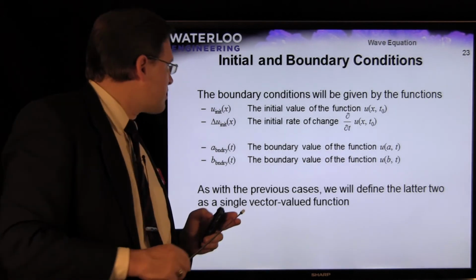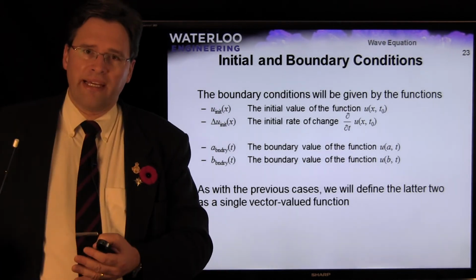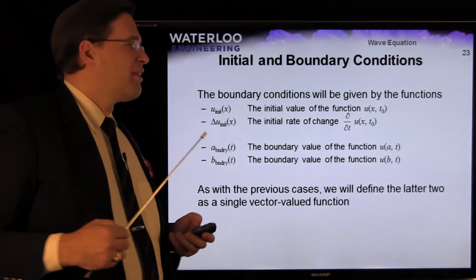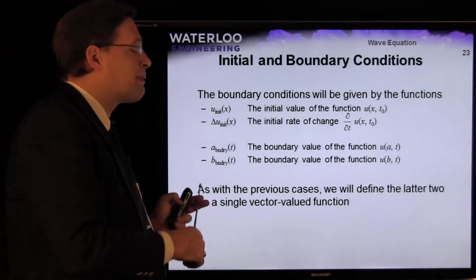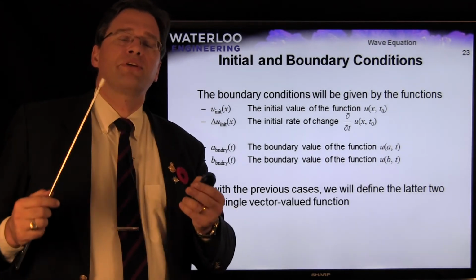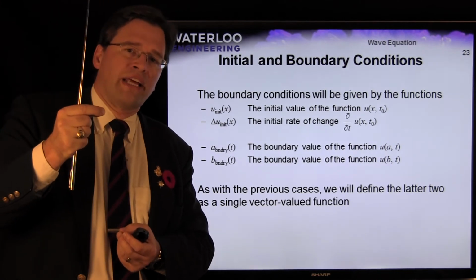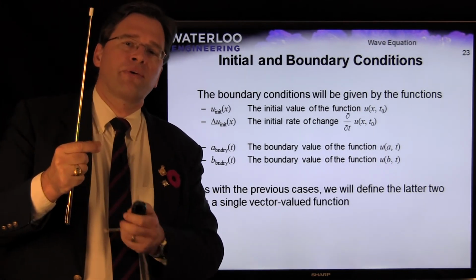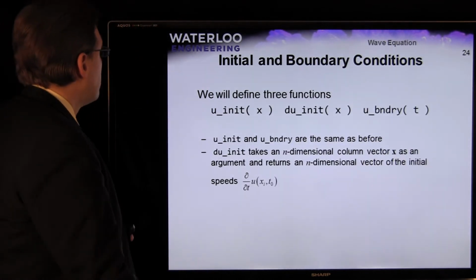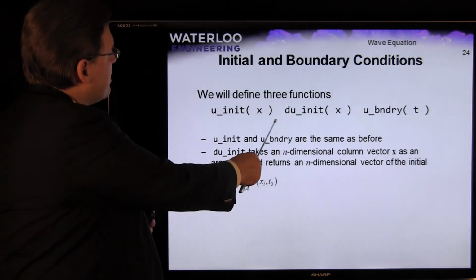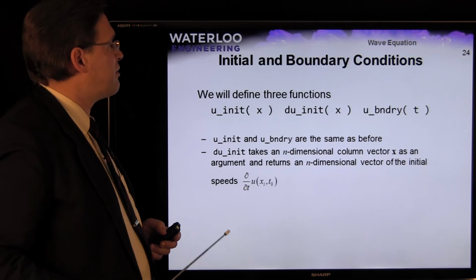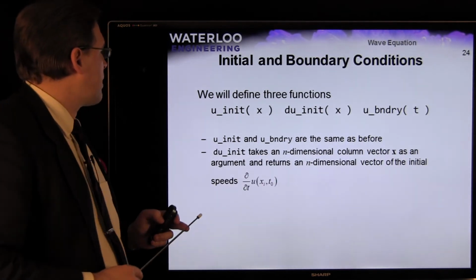As with the previous case, as we did with the heat conduction diffusion equation, the boundary conditions will be specified by a single function that returns a vector of values, the first entry being the boundary condition at A, the second being the boundary condition at B. So we have three functions: u sub init, du sub init, giving us the rate of change, and u sub boundary.